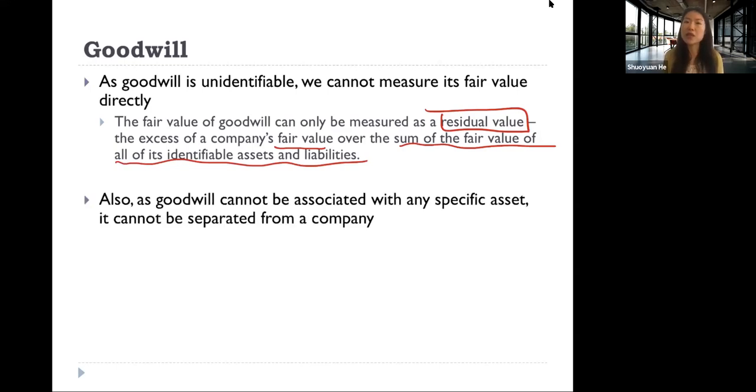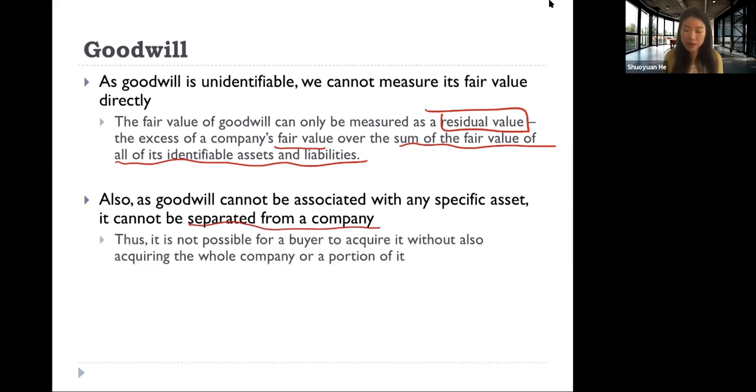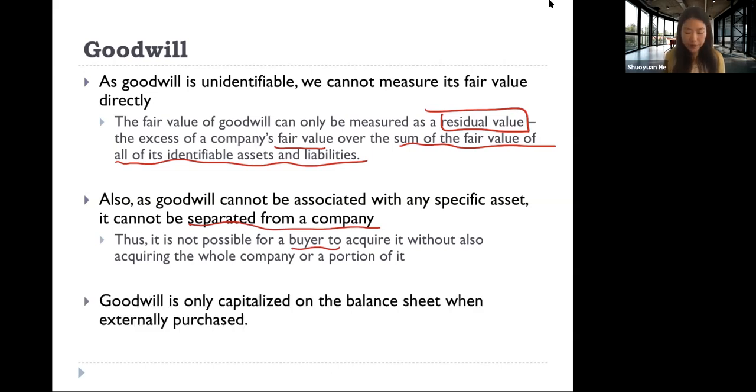Also, because goodwill cannot be associated with any specific asset, it cannot be separated from the firm. In other words, it is not possible for a buyer to acquire it without also acquiring the whole firm or a portion of it. So that is goodwill. And goodwill is only capitalized on the balance sheet when externally purchased.